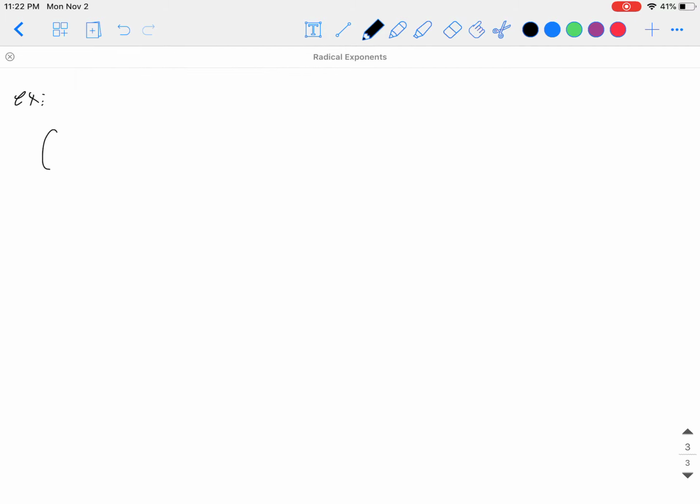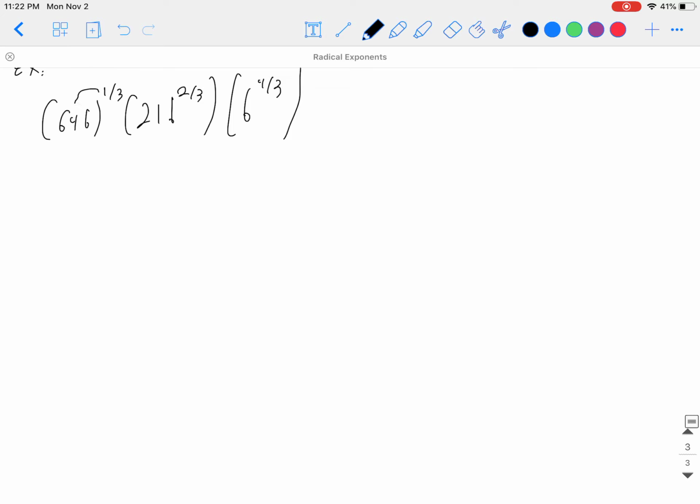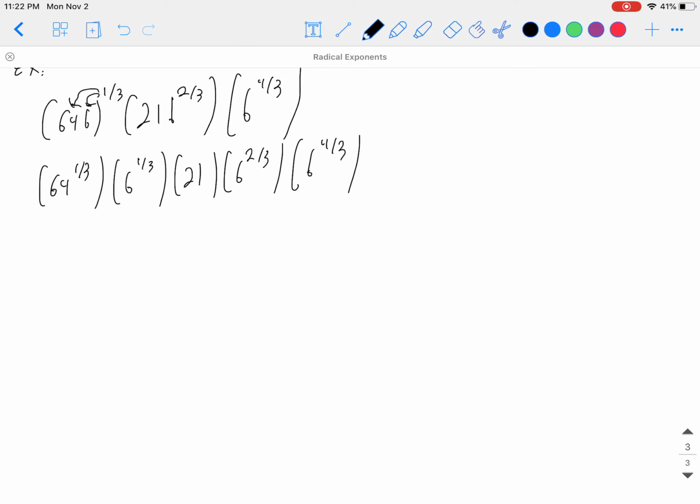So first we're going to have 64 times b, all to the 1/3 power, times 21 times b to the 2/3 power times b to the 4/3 power. So first, we must distribute the 1/3 inside the parentheses to both 64 and b. So you have 64 to the 1/3 power, b to the 1/3 power, 21, b to the 2/3, b to the 4/3.